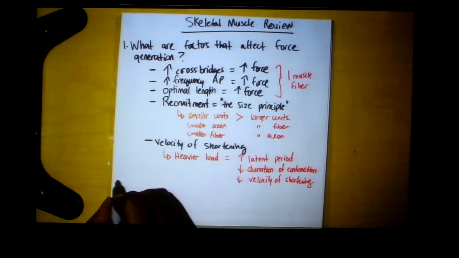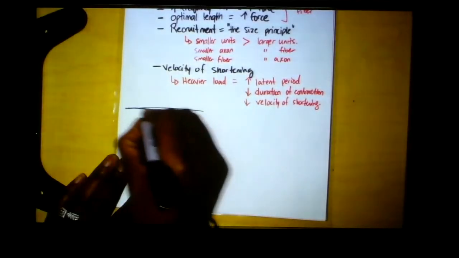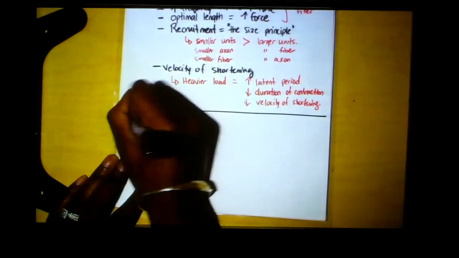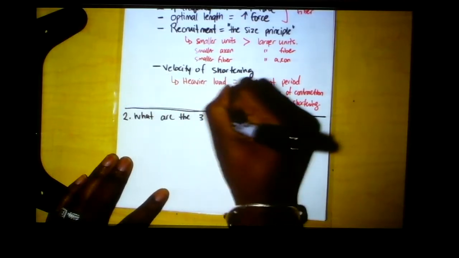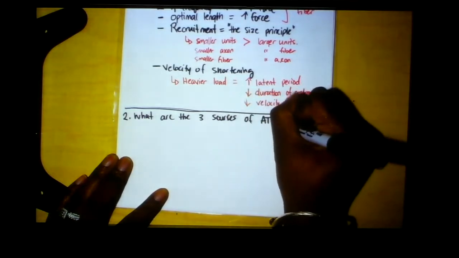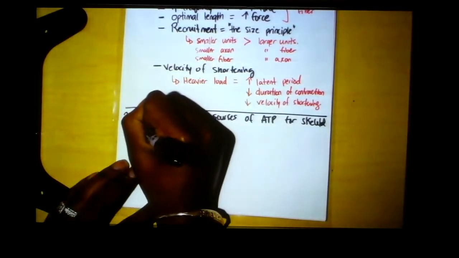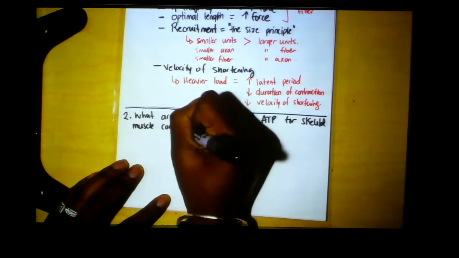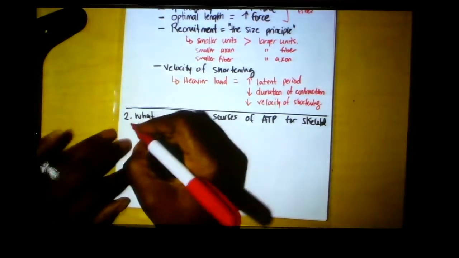Let's move on to talk about the ATP source of muscle contraction. Okay, so we spoke about 3 sources of ATP for skeletal muscle production. What were those 3 sources?